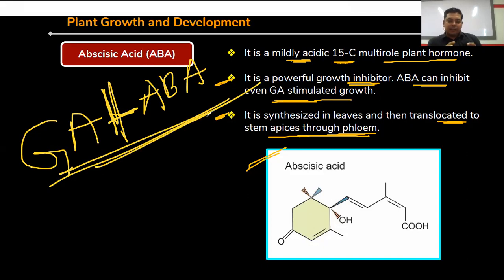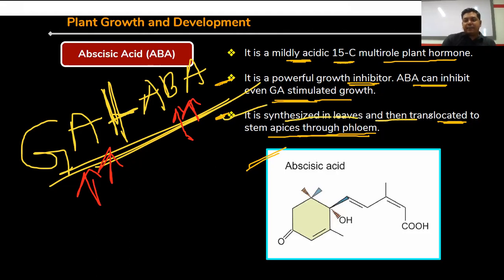When the gibberellic acid concentration is more, the seed undergoes the germination process, and when the ABA concentration is more, seed dormancy is maintained. So that's why GA or gibberellin and ABA or abscisic acid are antagonistic in their functions.